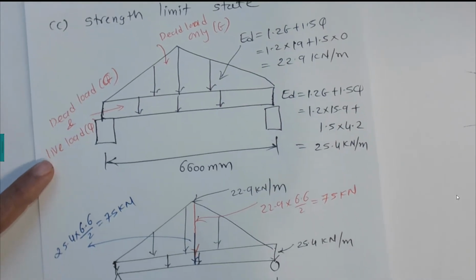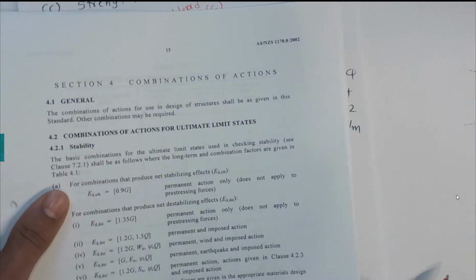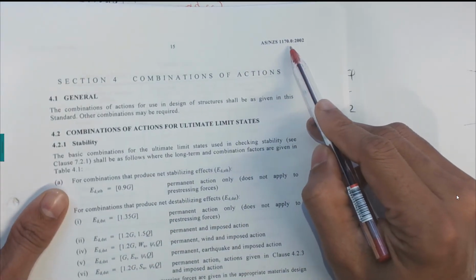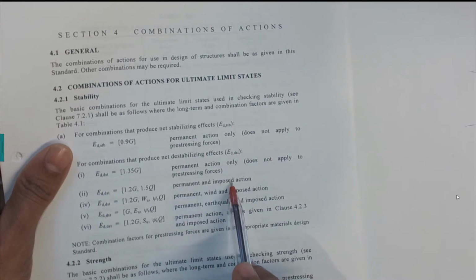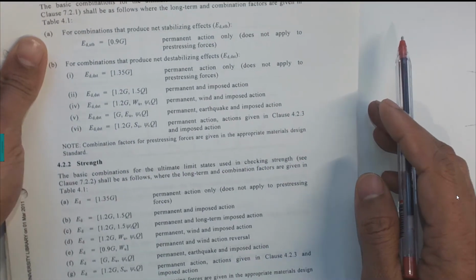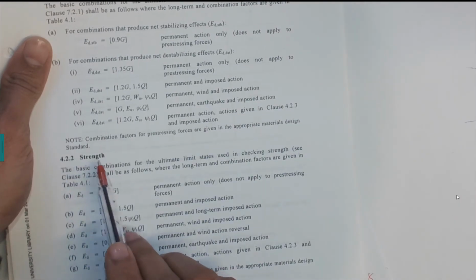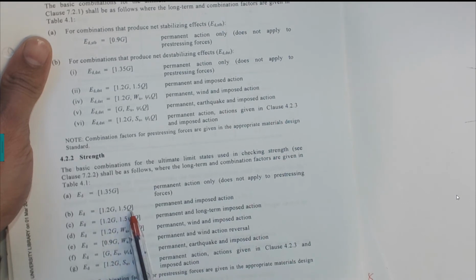Now there is an equation for the strength limit state. If you check the Australian standard AS/NZS 1170.0 on page 15, for the permanent and dead loads, in 4.2.2 for strength, we can see that Ed equals 1.2 G plus 1.5 Q, that is dead load and live load.